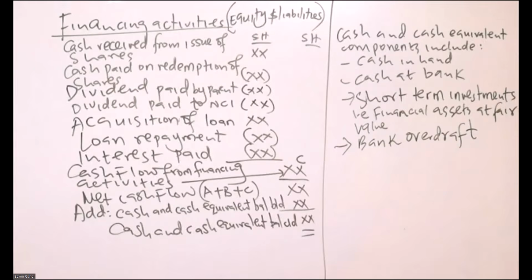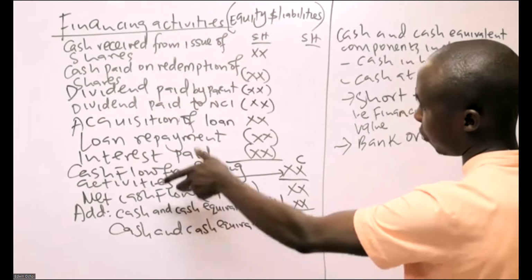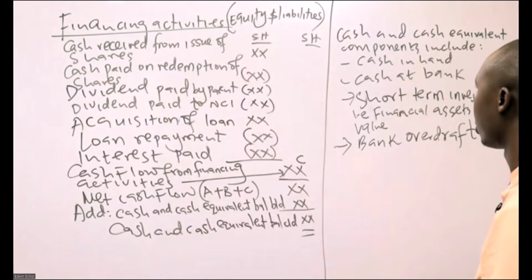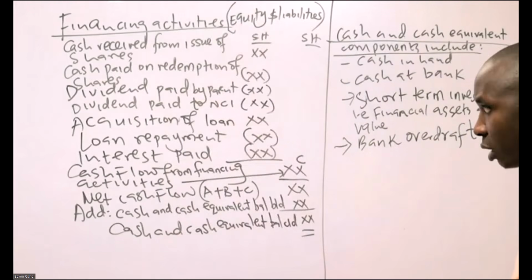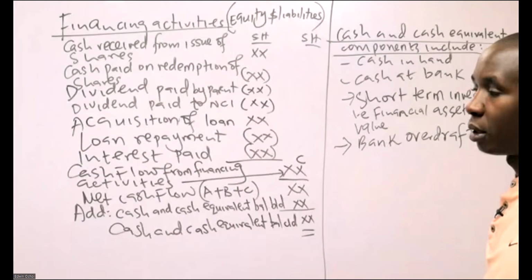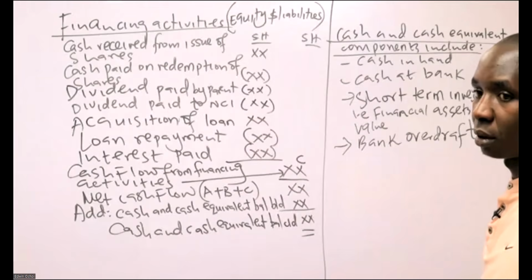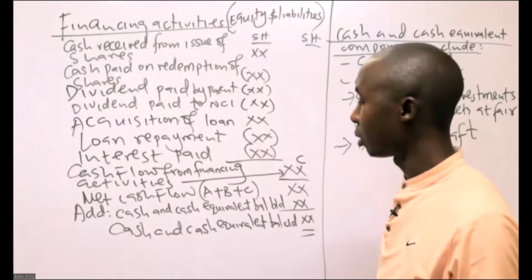Those are the items I would consider for cash and cash equivalent. For the others, they come from the workings we will do from the question. So that's all about the indirect method.